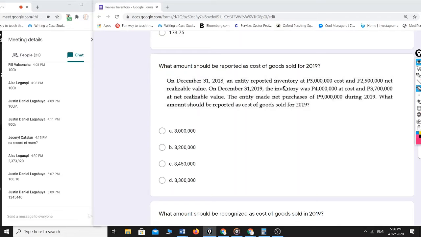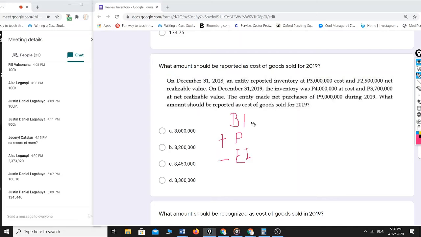So, the entity reported inventory at 3 million cost and 2.9 million NRV. So, December 31, 2018. Take note, 2019 na cost of goods sold atong i-compute. We will follow the basic format in computing cost of goods sold, beginning inventory plus the purchases minus ending inventory.